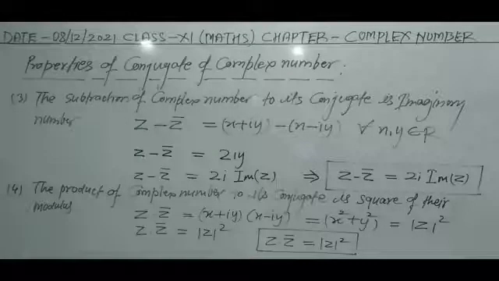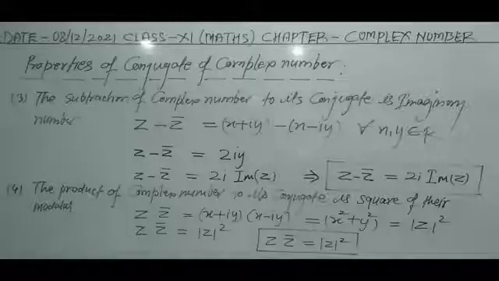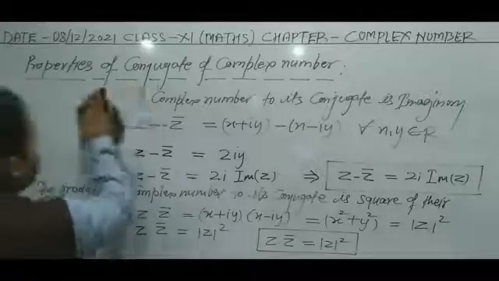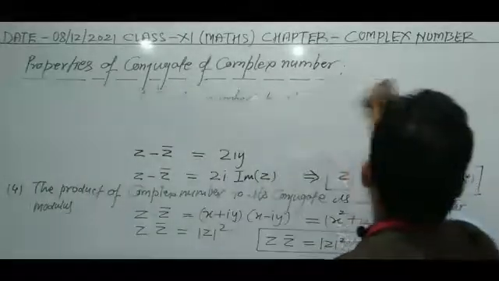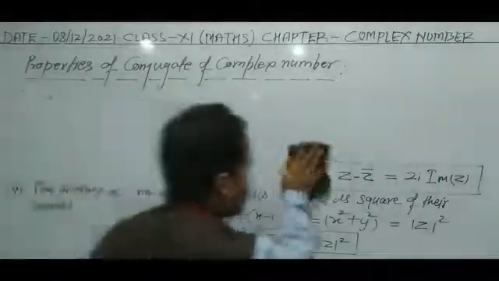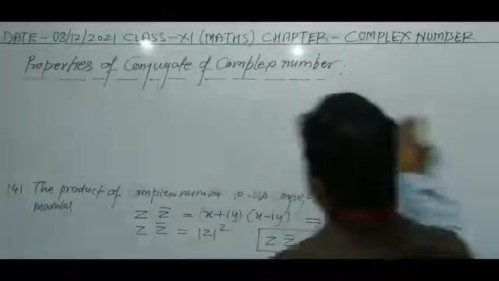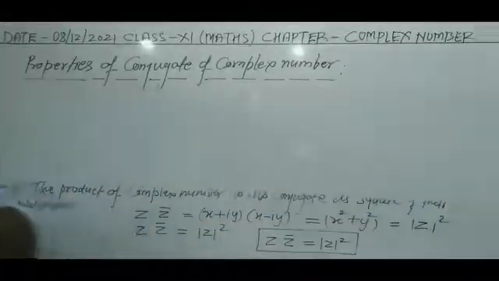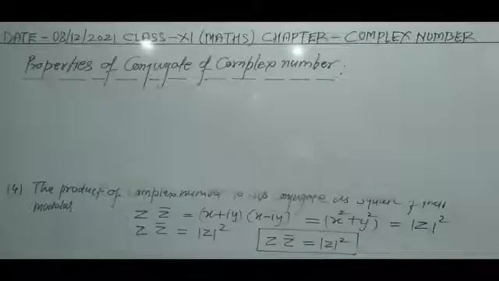Now I will come to the next. The conjugate of the sum of two complex numbers is equal to the sum of their conjugates. Now fifth, not fourth.